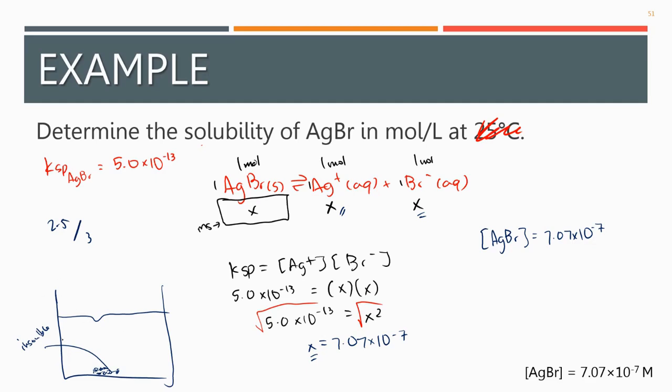If we were to actually measure the concentration of the liquid here, we would find out that 7.07 times 10 to the negative 7 moles per liter of that solid actually dissolved. That's what we're calculating here. So these X's represent the concentration of those ions at equilibrium. And overall, we can calculate the molar solubility based on those ions.